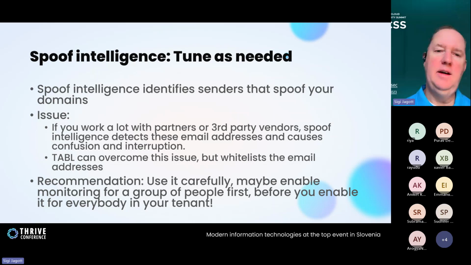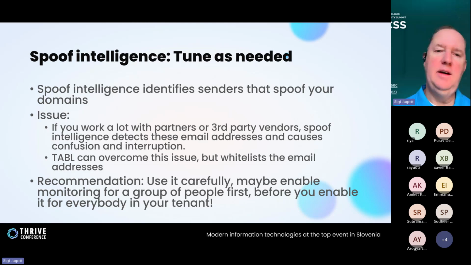Spoof intelligence identifies senders that spoof your domains, for example. However, spoof intelligence in my environments always causes some confusion. Why? Because if you work a lot with partners or third-party vendors, spoof intelligence of course detects these emails.